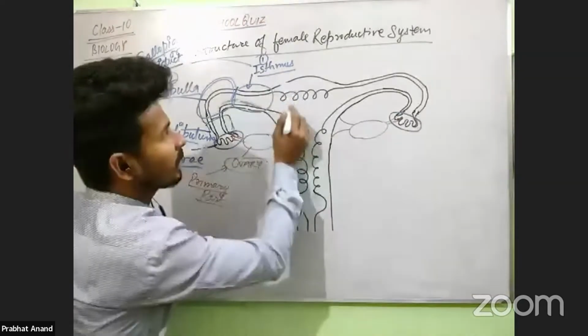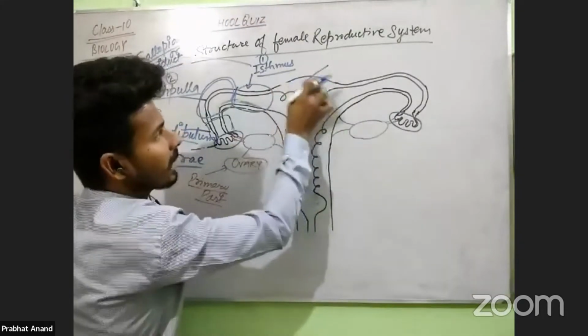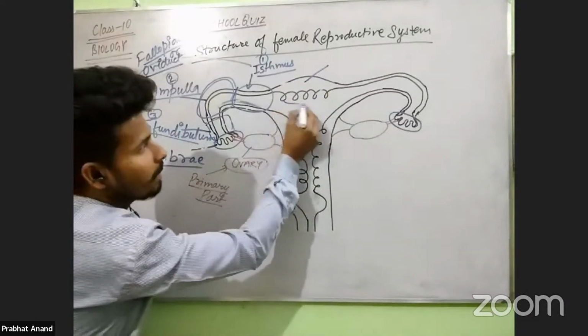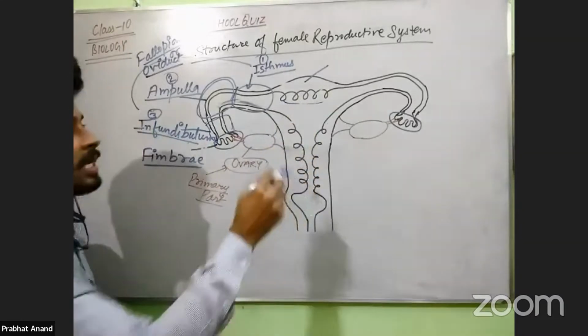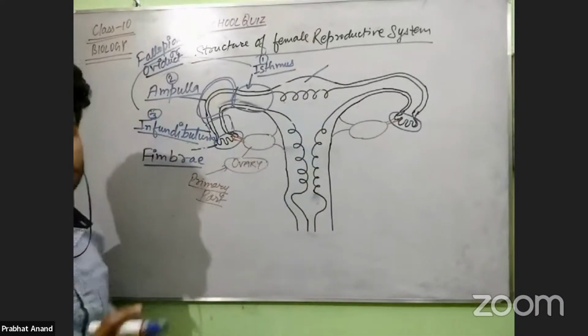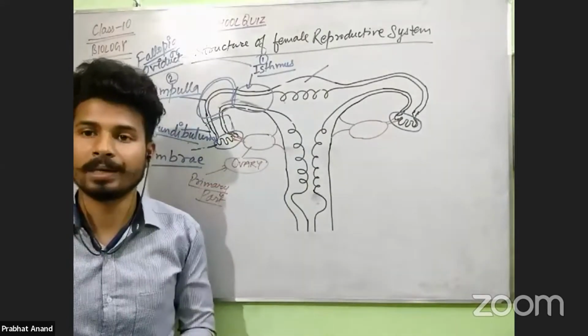After the oviduct, we can see this is the stretchable part, which I have drawn as a ring like or spring like structure. It stretches during the delivery of the baby, right?